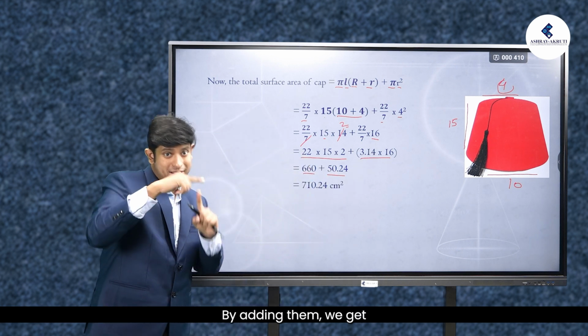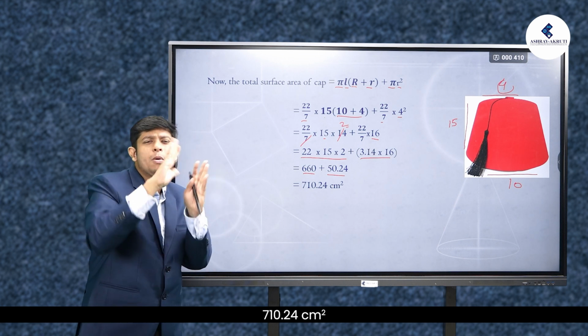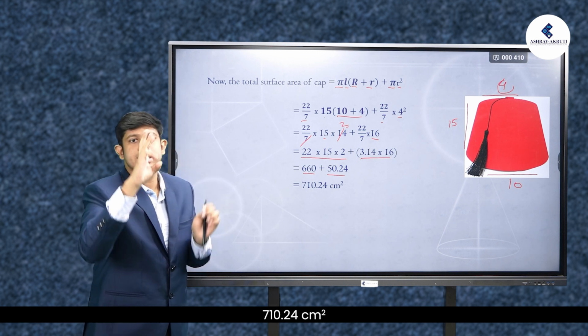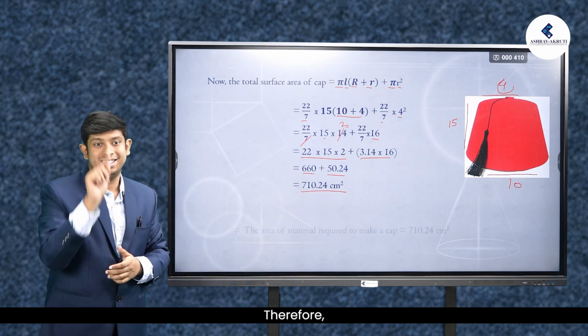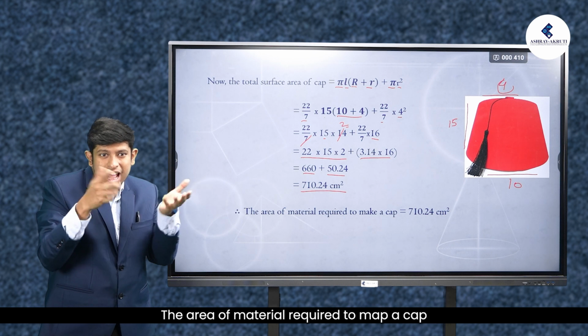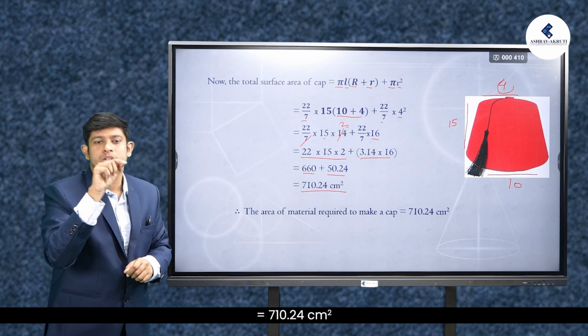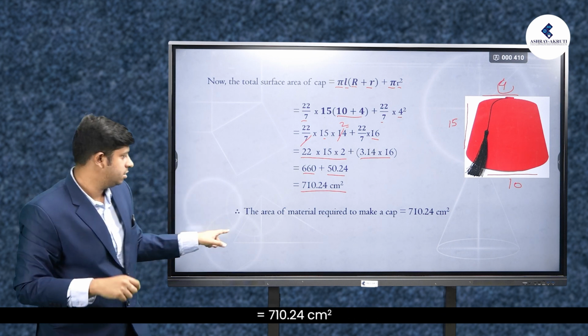By adding them, we get 710.24 cm square. Therefore, the area of material required to make a cap is equal to 710.24 cm square.